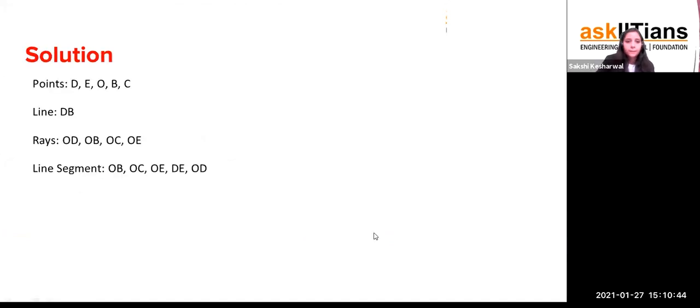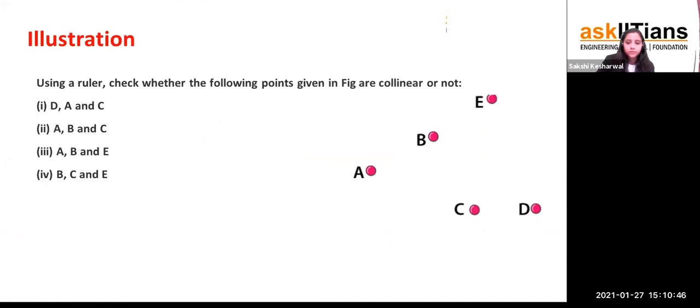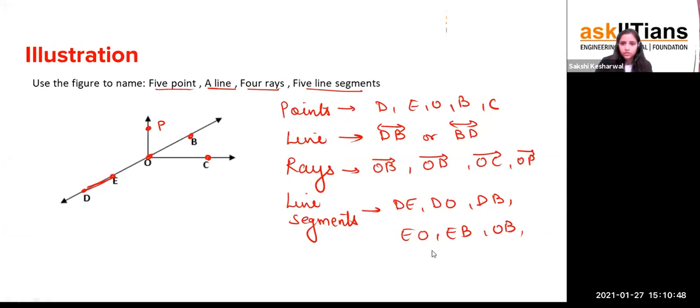Hmm, I wrote more than 5. I wrote 6. It should be 5. So it is DE, DO, DB, EO, and EB.